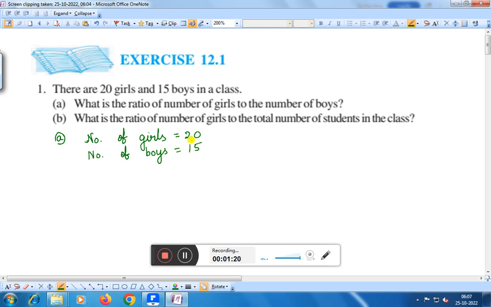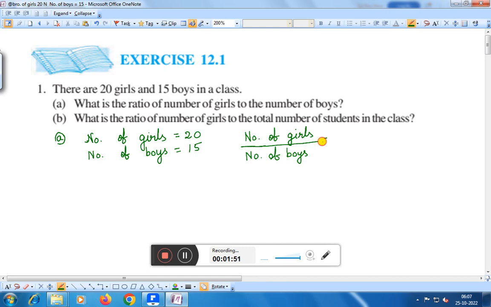What is the ratio of the number of girls to the number of boys? Therefore, the ratio will be number of girls to the number of boys.